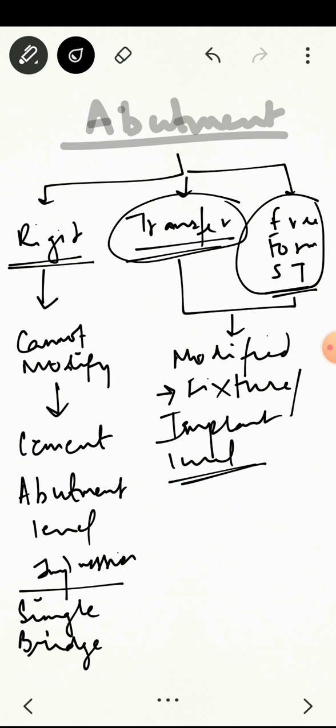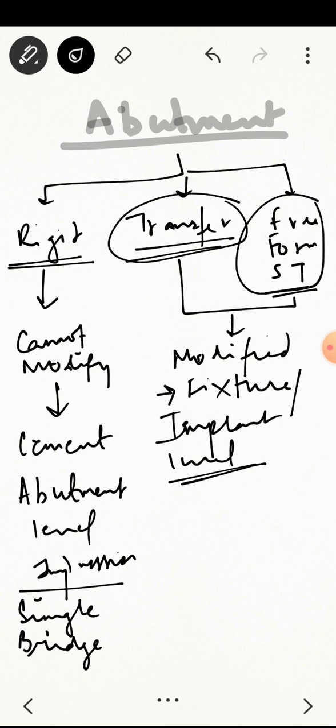The lab person will modify the given abutment as per the occlusal height and mesiodistal space available, and you will get a customized abutment which you place above the implant, and you fix the crown or the prosthesis using a screw.